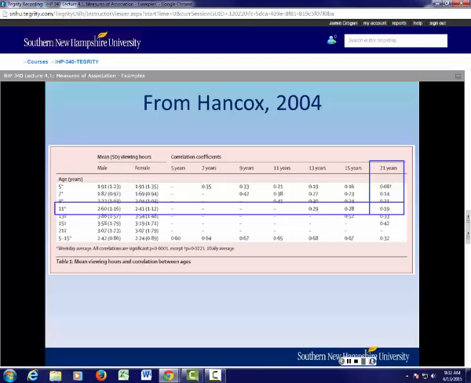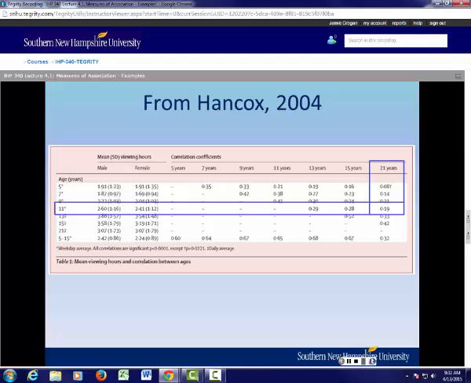And so what I've done here is I have highlighted the 11-year-old data and the 21-year-old data. So really, these are correlations of TV viewing between different ages. This particular blue box on the screen is telling you the correlation between TV watching at 11 years old compared to TV watching at 21 years old.